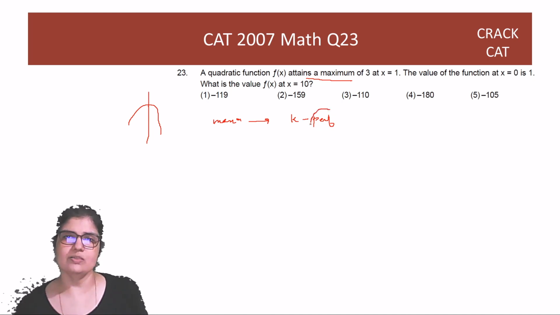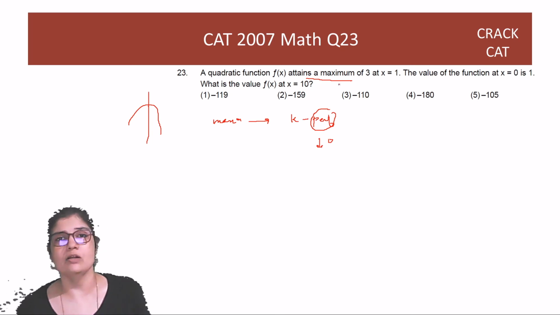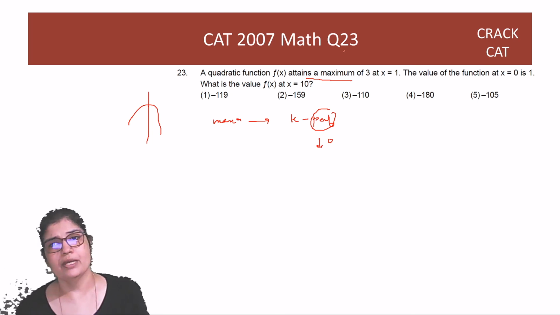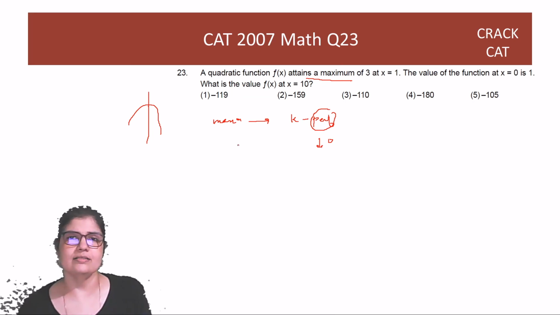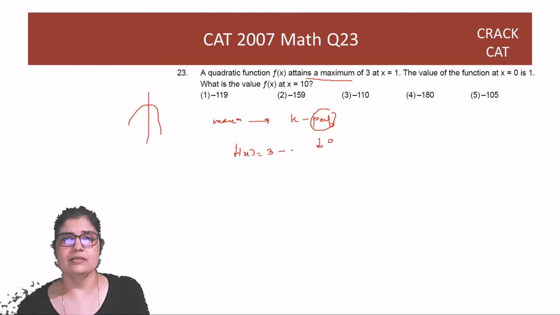So when this perfect square is zero, you get the maximum, and as the perfect square becomes larger, you will get only the maximum, not a minimum, because this can become infinity also, so the minimum is minus infinity. So f of x will be 3, which is your constant, that's your maximum, minus some other constant, right? To avoid confusion, let's call this constant m, into x minus 1 the whole square.